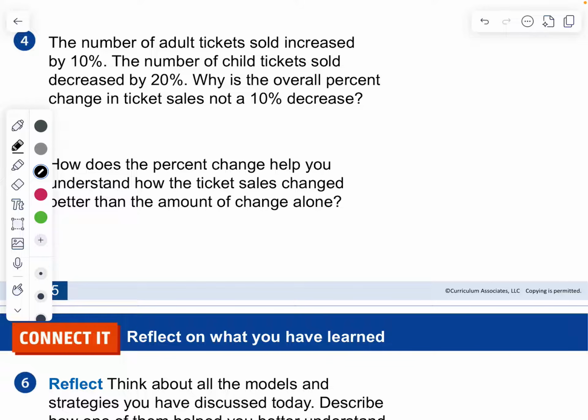Number 4, the number of adult tickets sold increased by 10%. The number of child tickets sold decreased by 20%. Why is the overall percent change in ticket sales not a 10% decrease? So intuitively, that might be what we would think. We might be thinking that an increase of plus 10 and then a decrease of 20 would be minus 20, would be an overall negative 10, but it doesn't work that way.